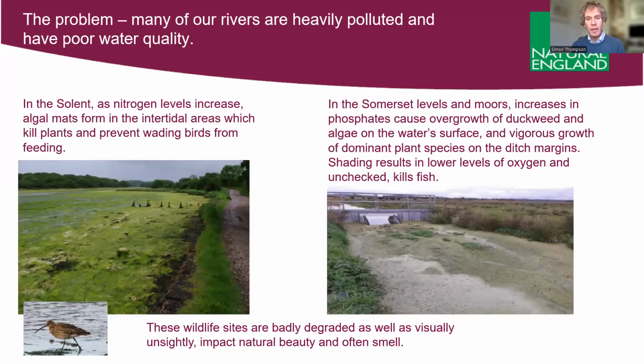To give an example of a site that's affected by phosphorus, the Somerset Levels and Moors, again, causing broadly the same issues, as is always the case with excessive nutrients, of overgrowth of particular dominant plants and algae, which leads to the loss of plant diversity in the margins of watercourses, and also reduces oxygen levels in the water, which left unchecked can lead to further harm, such as death of fish.